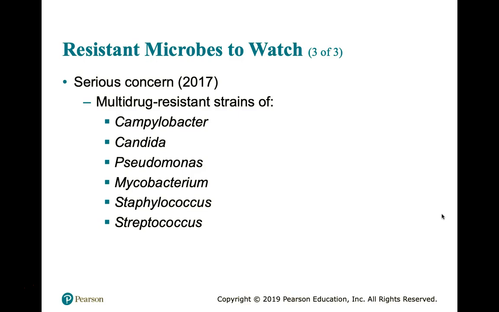Pseudomonas, Mycobacterium, Staph, Strep, Campylobacter are all bacteria, where candida is a yeast. Again, we're seeing multi-drug resistant strains of these organisms. I don't expect you to memorize them. I just want you to see that by allowing misuse of antibiotics, we're starting to see really dangerous repercussions.